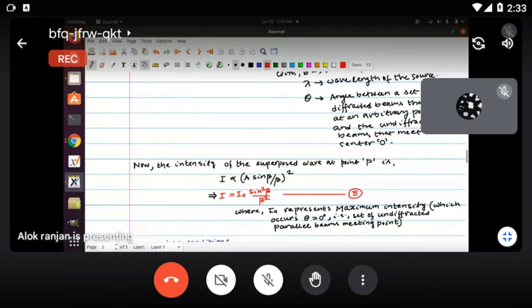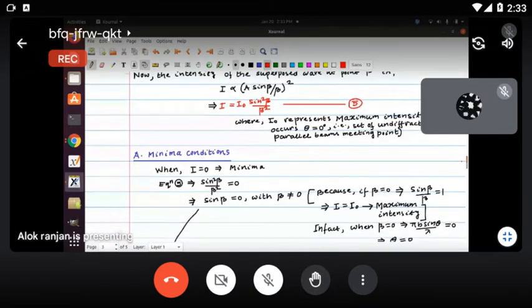So how can we find the position of the maximum over the screen? As I said, for the minimum condition, the intensity will be 0. In equation 5, it could be 0 when sine square beta over beta square equals 0. Okay, because if we make I naught equal to 0, then it is meaningless, because I naught 0 means there is no incoming wave.